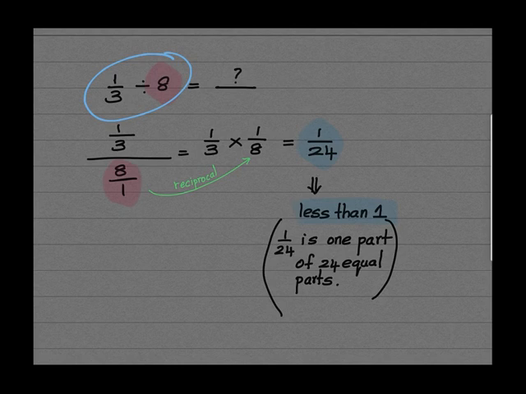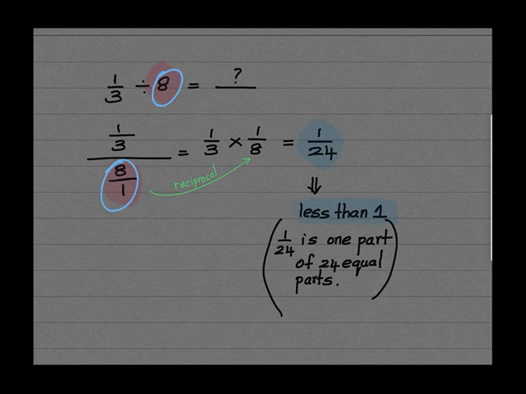So here the question is, will the answer be less than the dividend or greater than the dividend? Let us solve and find out. Write the fraction in the numerator, 1/3, and the whole number in the denominator, 8, which is also equal to 8 over 1.